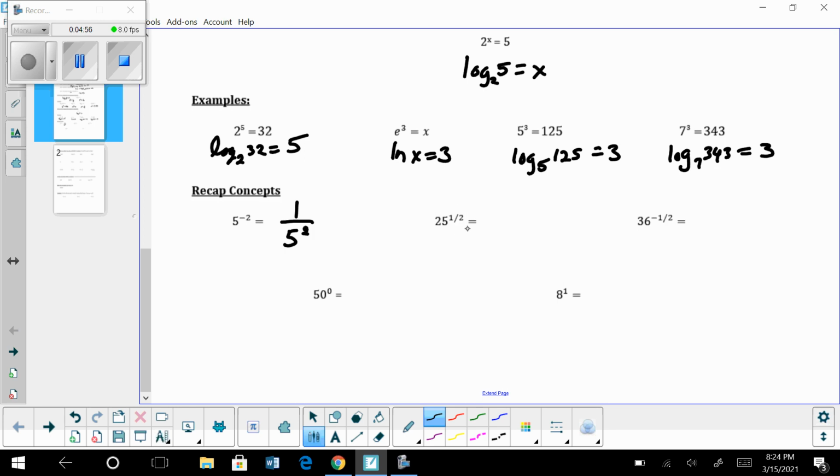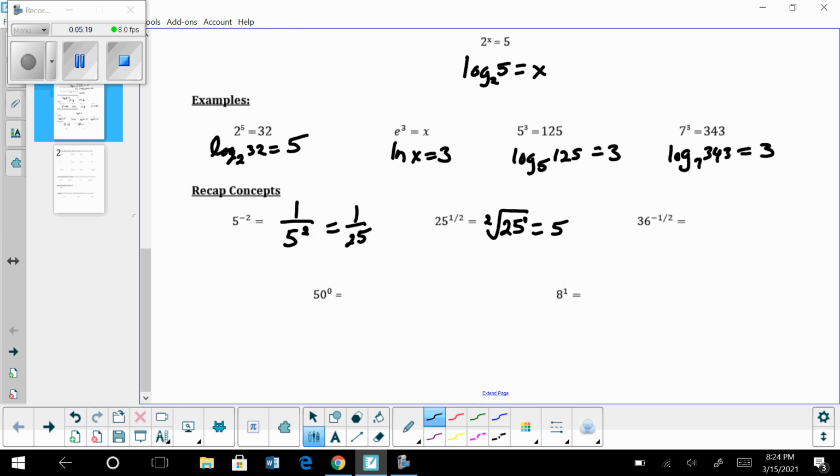And then something like this, you would rewrite in radical form. The 1/2 power is the same thing as the square root. The bottom number gives you the index on the radical. The top number in the fractional exponent gives you what to put there. And then, of course, you'd go ahead and simplify. And we could have gone ahead and simplified that one as well.